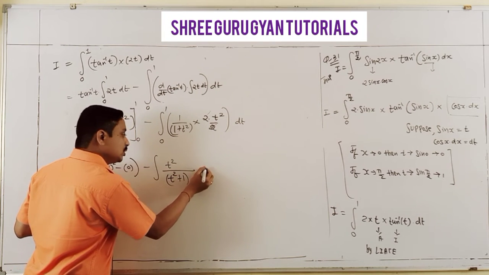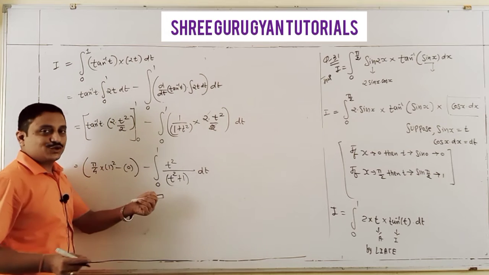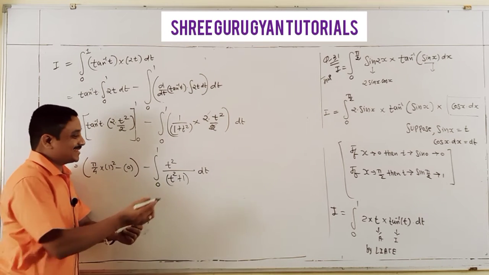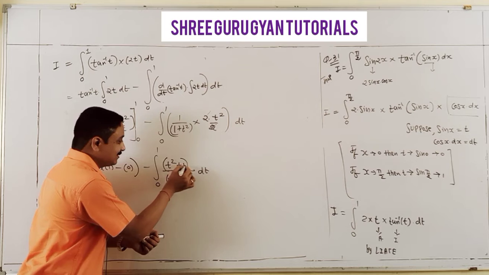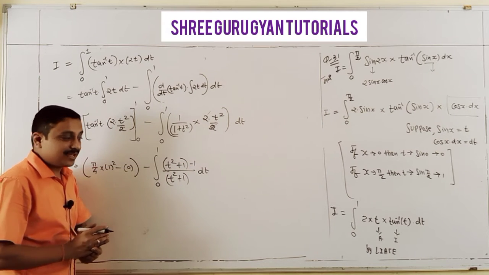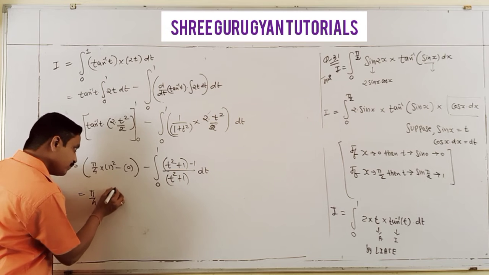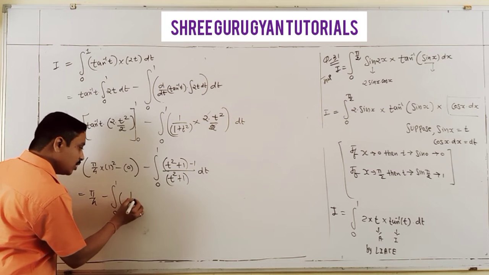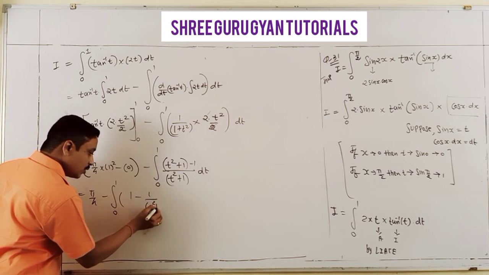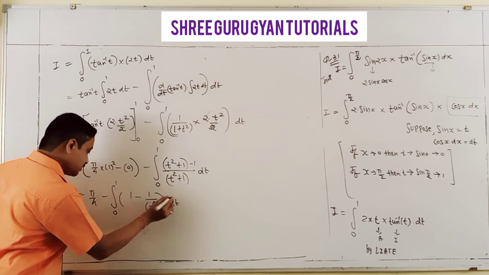So what to do here for further solutions? Yes, plus 1 minus 1 and make two separations. So you have pi by 4. Here 1 minus 1 by t square plus 1 dt.